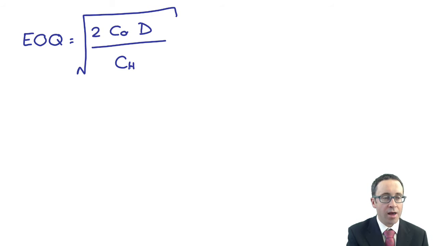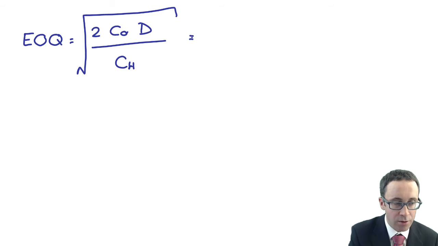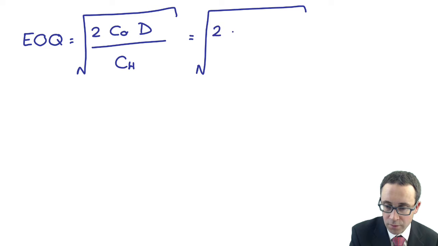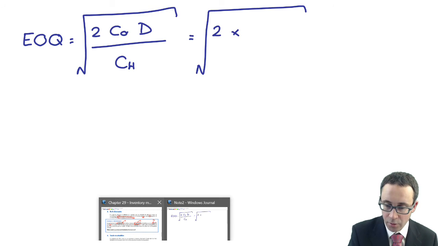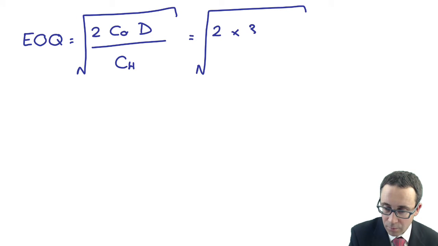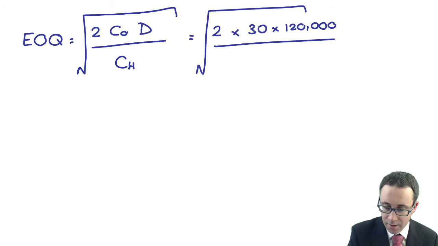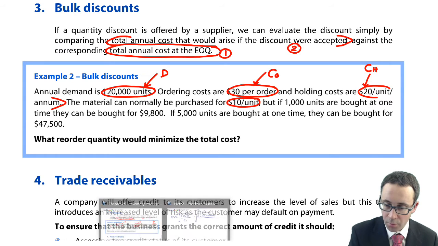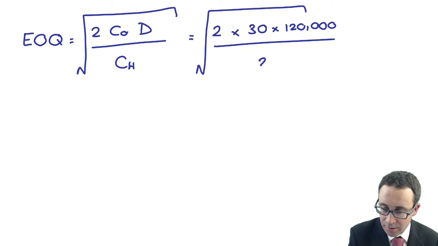We need to work out the economic order quantity. So you've got the square root of 2 multiplied by the order cost, which was 30, times by 120,000, which was the annual demand, and the holding cost was 20.